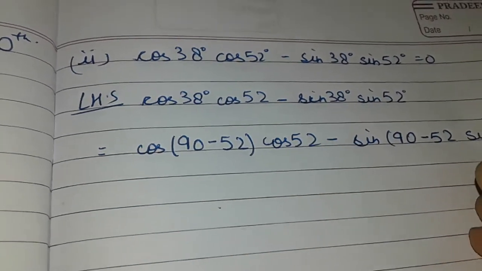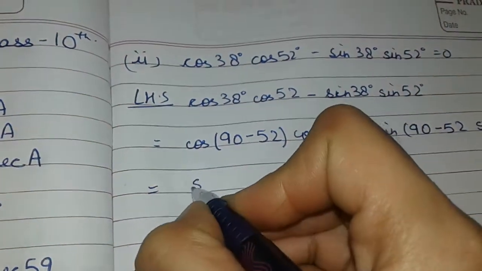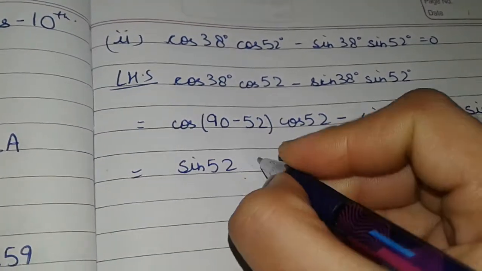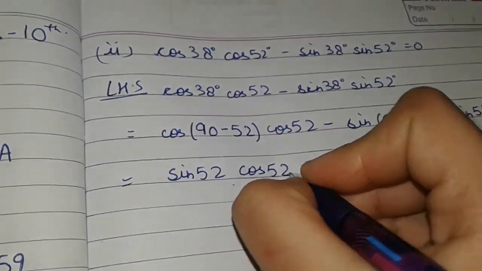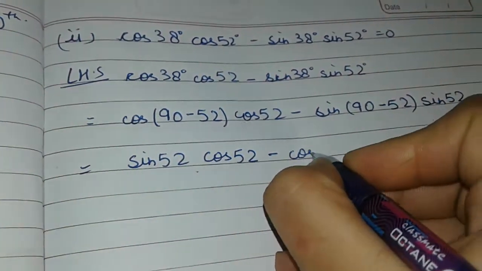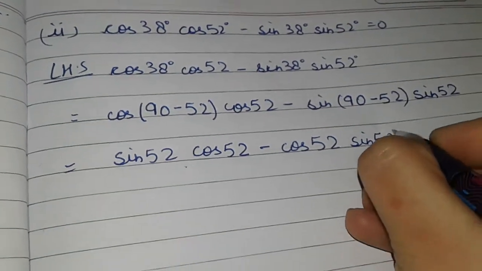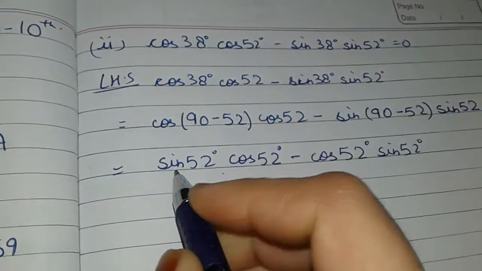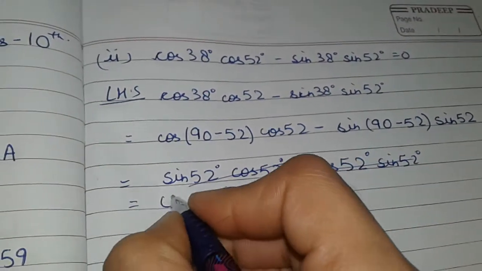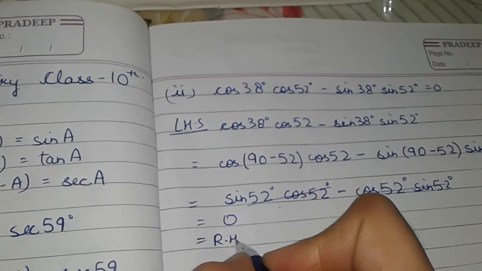Now, cos 90 minus a is equal to sin a, so it will be sin 52, and sin 90 minus a will be cos a, so it is cos 52. It is sin 52 degree. As these values are same, it will be cancelled out and the answer will be 0. It is equal to right hand side and hence proved.